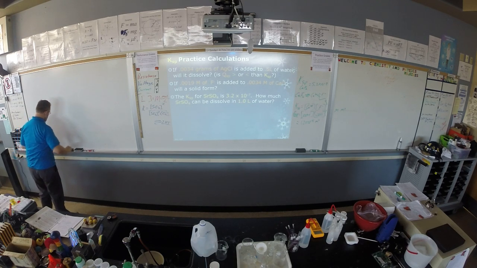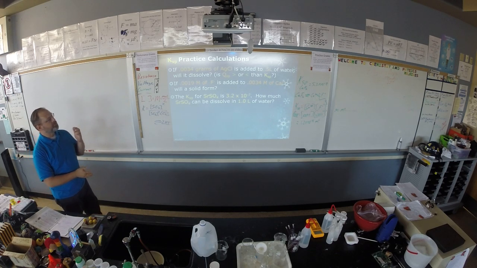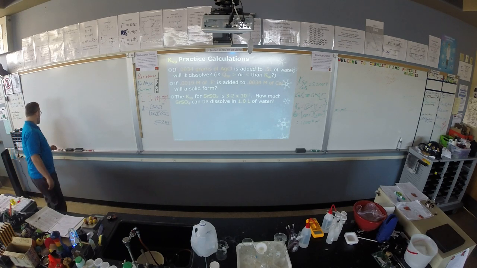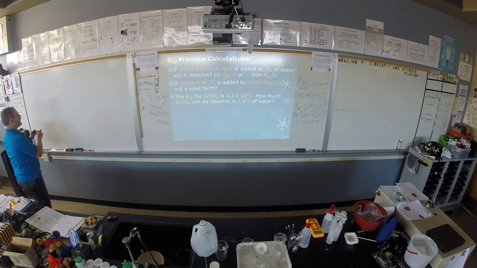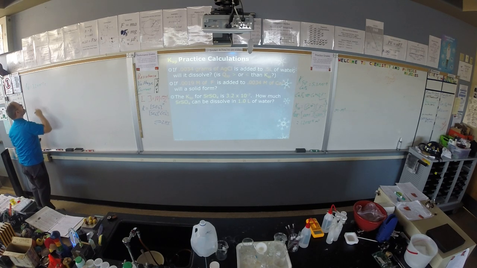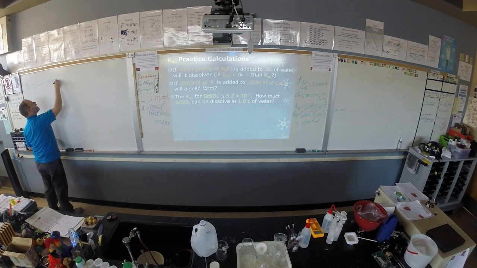All right. So, strontium sulfate has a KSP of 3.2 times 10 to the minus 7. How much strontium sulfate can be dissolved in 1 liter of water? So, KSP is 3.2 times 10 to the minus 7, and that equals the concentration of our strontium, 2 plus, multiplied by the concentration of our sulfate, which is 2 minus.